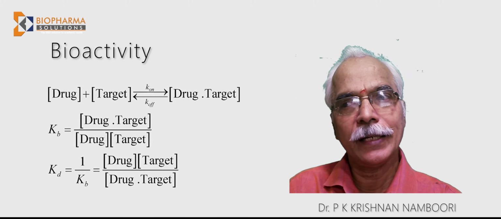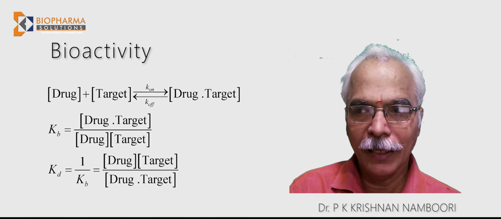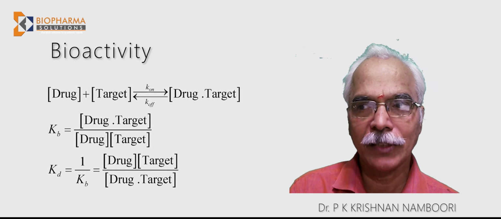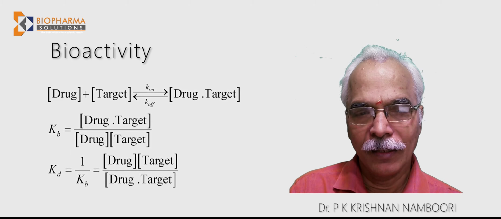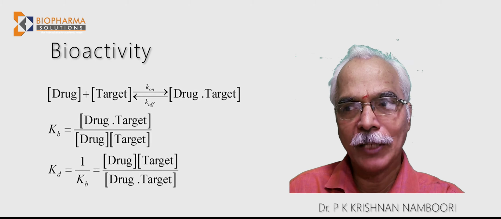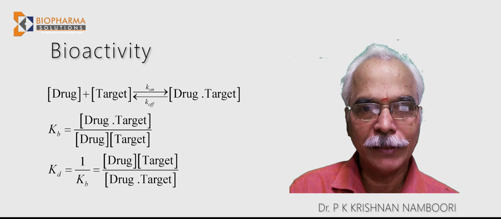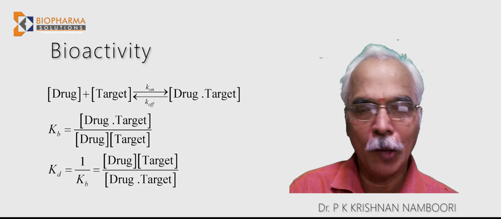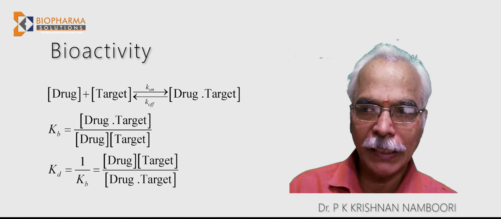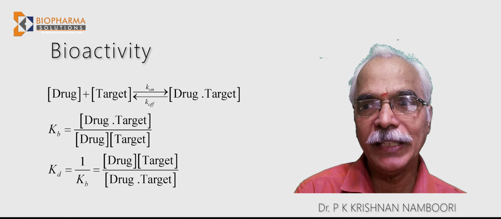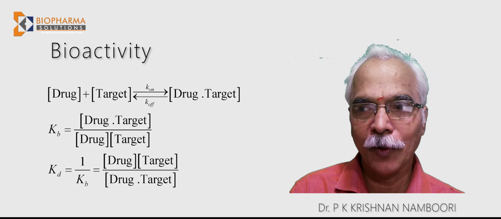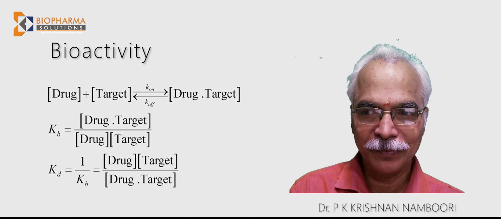As the Kd, the dissociation constant, increases, you may have to say the active mass of ligand into active mass of target upon active mass of complex increases. So the concentration of drug molecule in the dissociated form will be much more than the concentration of drug molecule in the complex form, right?